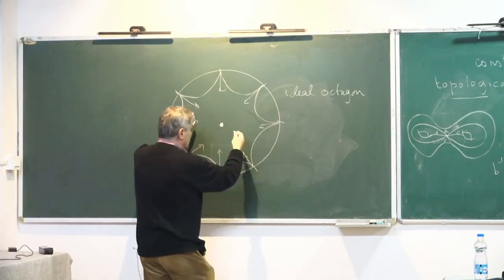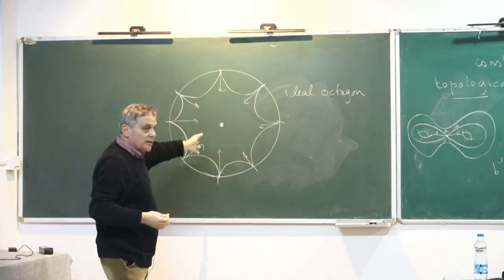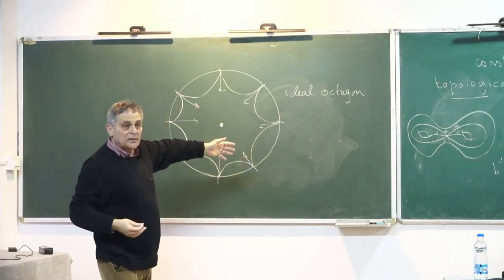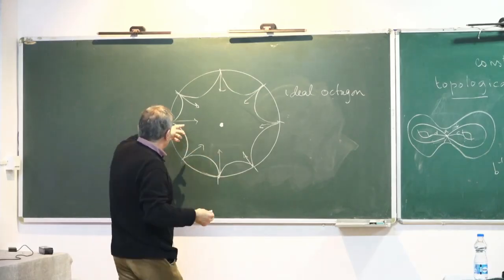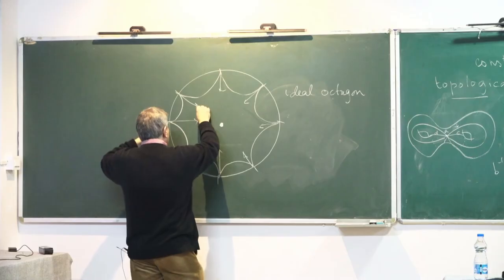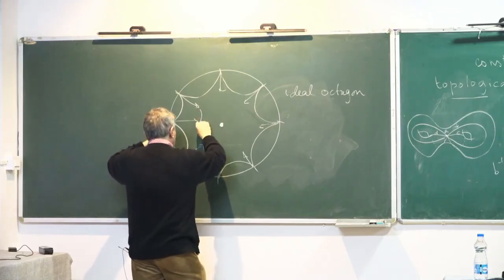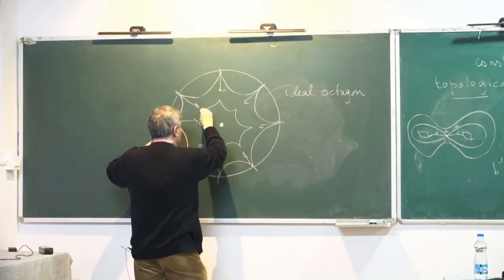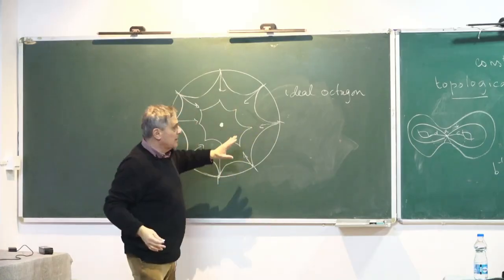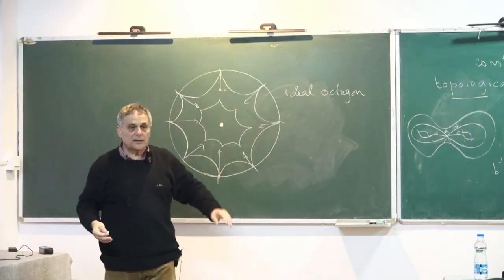I do this in the same way because my picture is symmetric. Then I can do the thing symmetrically. So I make them come towards the center, 4, 5, 6, 7, 8, in a symmetric way. Now I didn't draw it symmetric, but it should be symmetric.